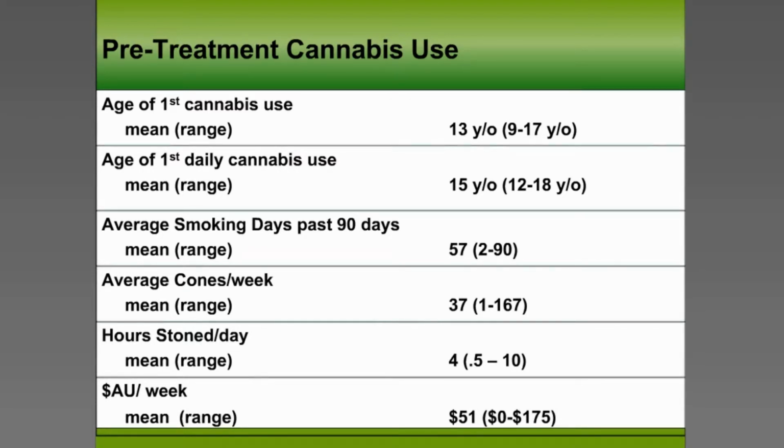So, not every day. So not all of them were daily users. But they smoked on average, and again, there's a very big range, as you can see, 1 to 167 a day. But it kind of sort of averaged out at about 5 per day, or maybe 2 or 3 every second day. But the hours that they were stoned is exactly as we expected. 4 hours a day they were stoned.